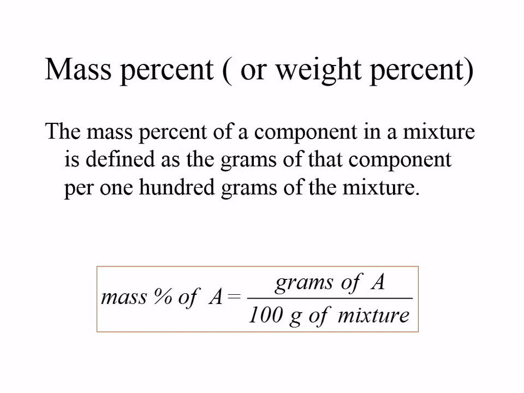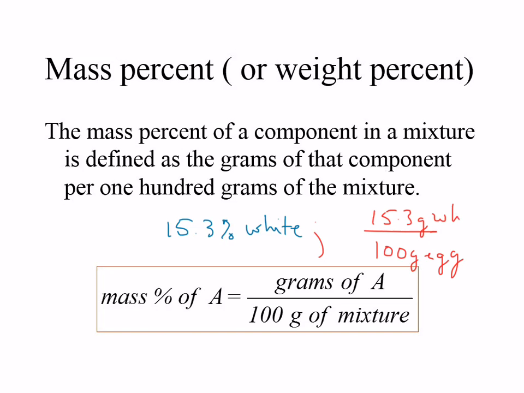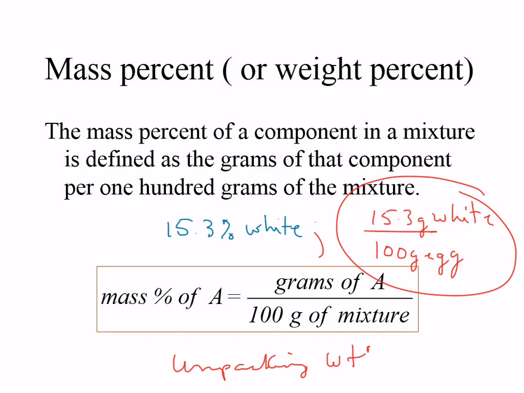So for instance, if you had 15.3% white in your egg, what that means is that if you had 100 grams of egg or mixture, then you would have 15.3 grams of white, that particular component. That's all that means. I call that unpacking weight percent.